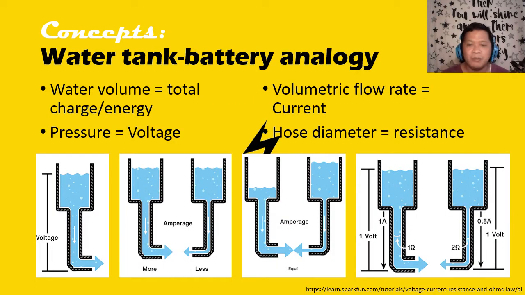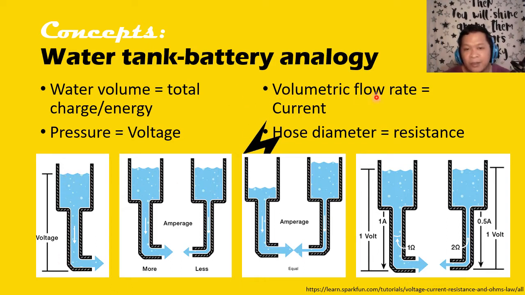Alright, so one simple analogy that we could use is yung tinatawag nating water tank analogy, no? Wherein if the total volume of your water represents the amount of total energy, say in joules, then the voltage represents yung parang potential energy niya represented by the height of the water in a tank, and therefore the pressure, the voltage is related to the downward force or pressure exerted by the water.